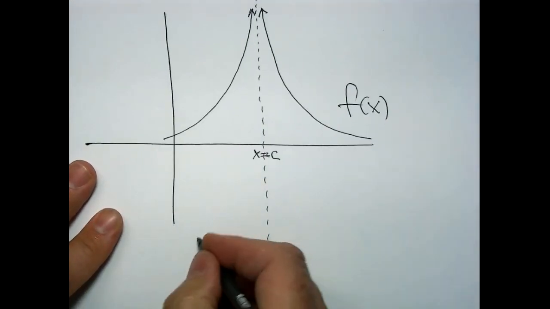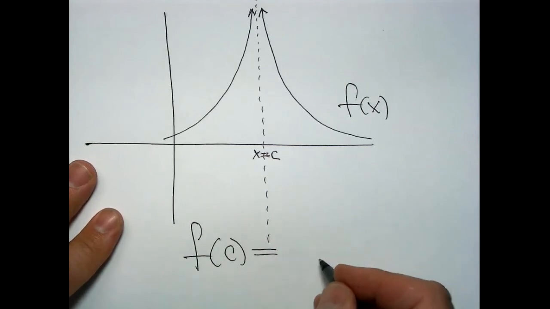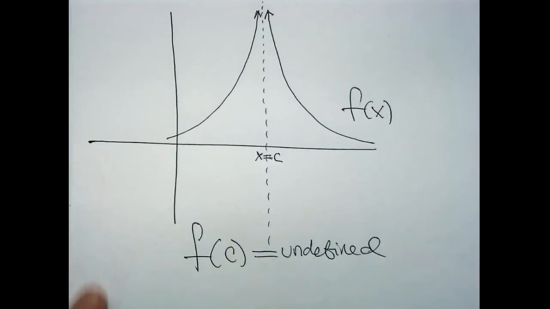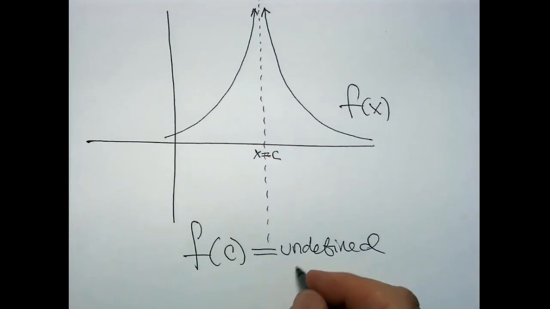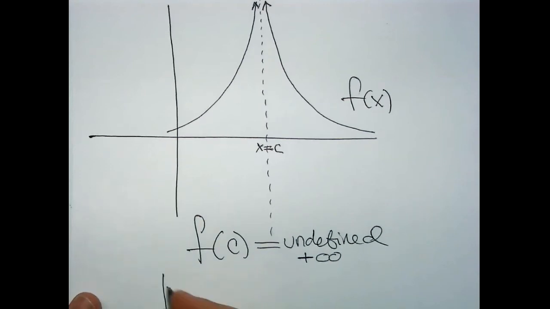The first thing you would probably state is that f of c is undefined. Why is it undefined? Because it's heading off the page to positive infinity, and that's just too big to quantify. What about the limit as x approaches c of this function?